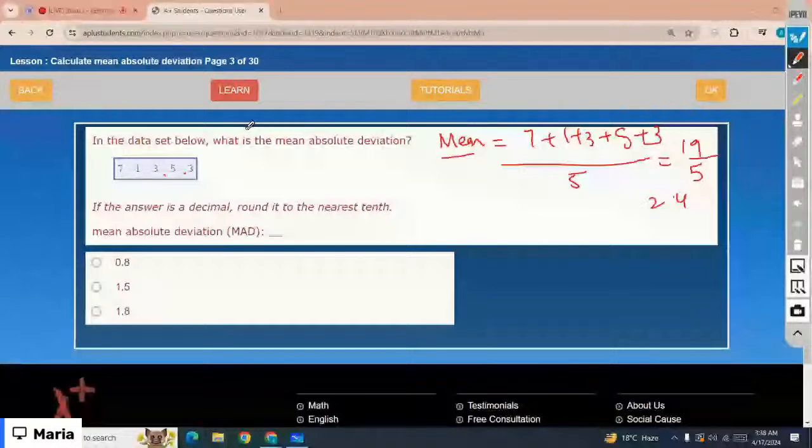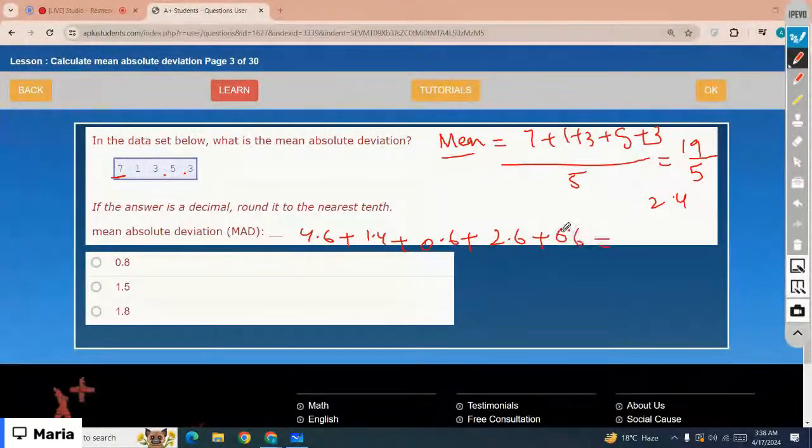Now I'm going to subtract from these values one by one. Okay, 7 minus 2.4 is 4.6, right? I'm going to just write the answer after subtraction. 1 minus 2.4 is 1.4. 3 minus 2.4 is 0.6. 5 minus 2.4 is 2.6, and 3 minus 2.4 is 0.6.